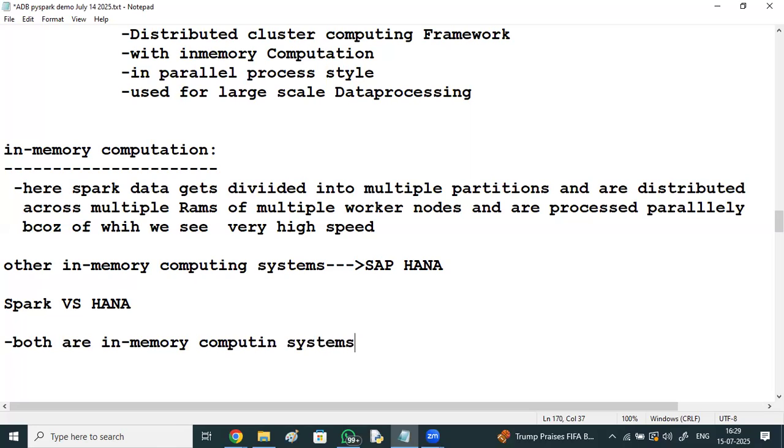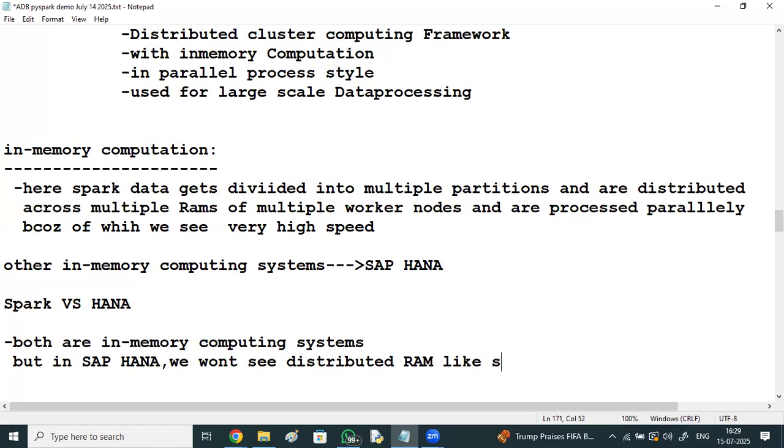But in SAP HANA, we don't see distributed RAM like Spark.